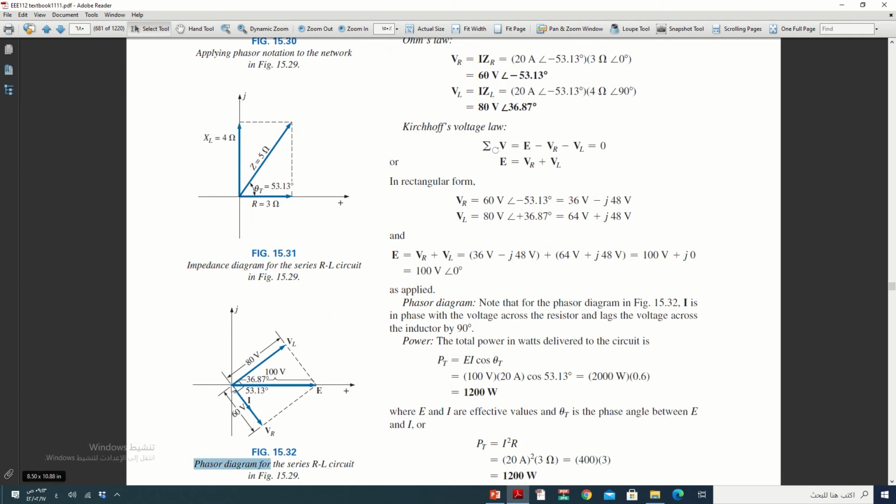In the phasor diagram, the voltage VR is at minus 53, and the voltage in the inductor is at 36 degrees. The voltage source will be 100 with angle 0.